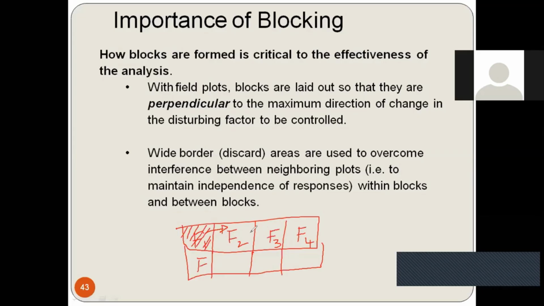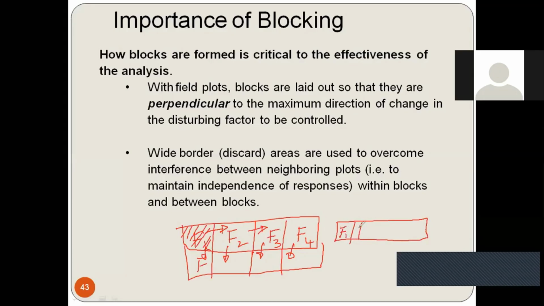So this danger is there. Similarly, the fertilizer can move to other blocks in this direction as well. So this is a big problem. So sometimes we may have to have larger plots, larger plot size. So here one plot fertilizer.